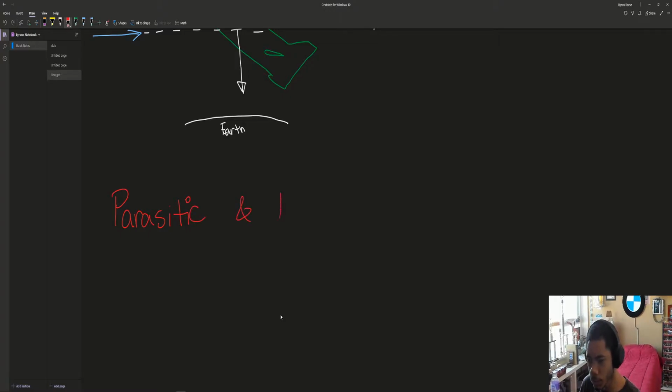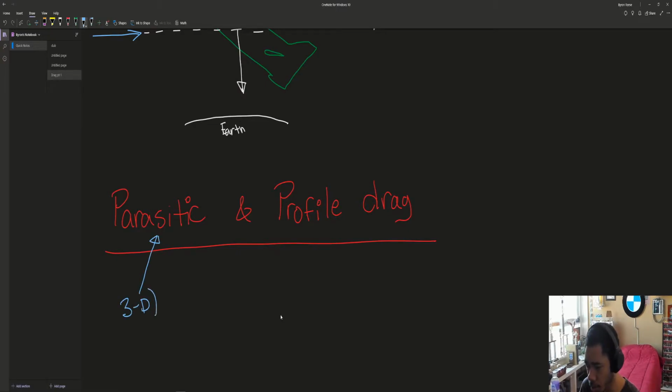Parasitic and profile drag. First thing we're going to need to mention here is that the difference between these two is that this one right here refers to a 3D problem. This one right here refers to a 2D problem.